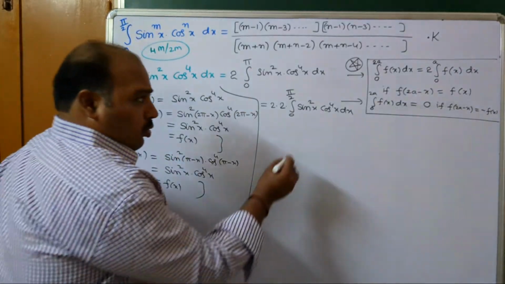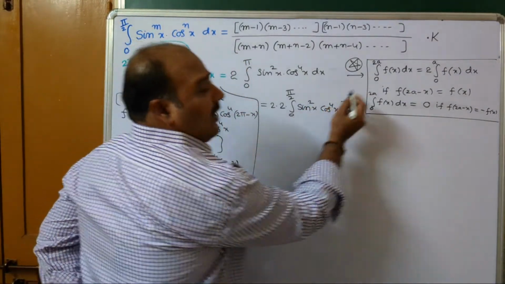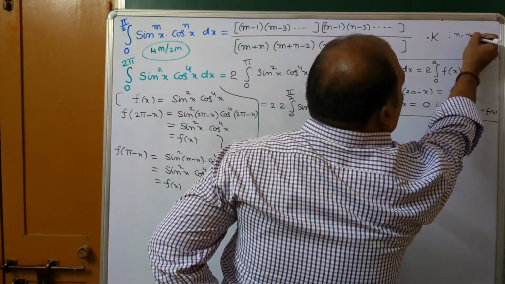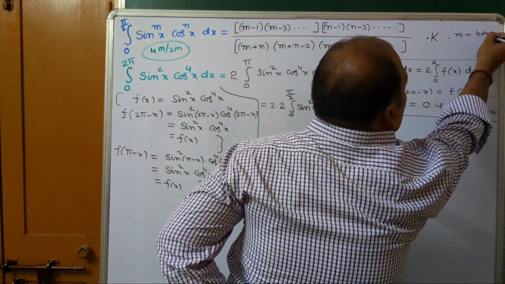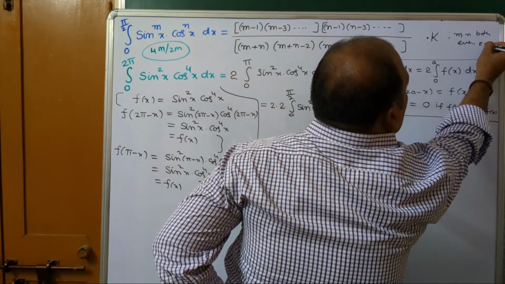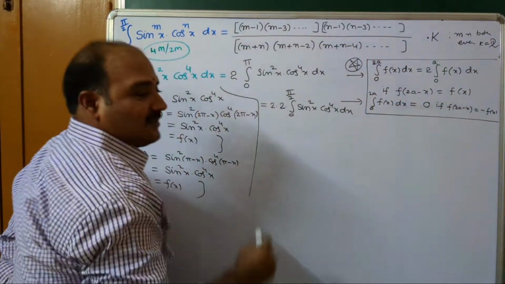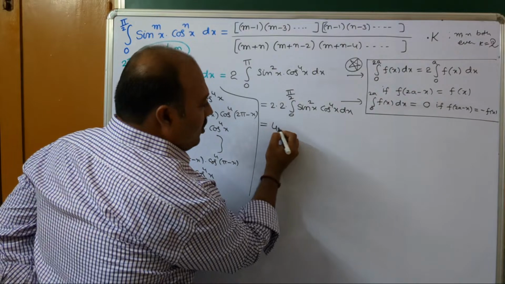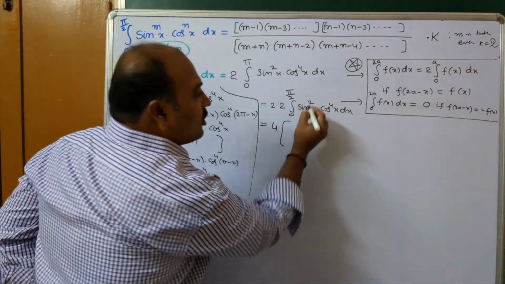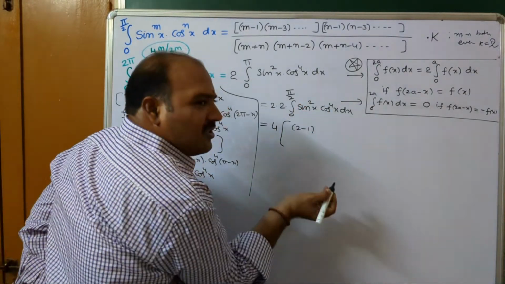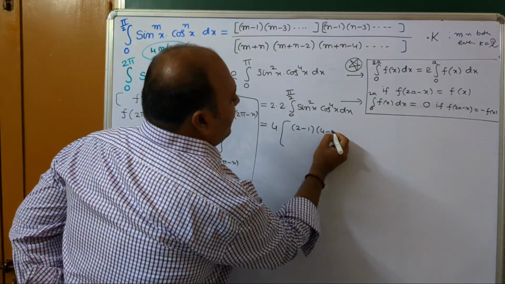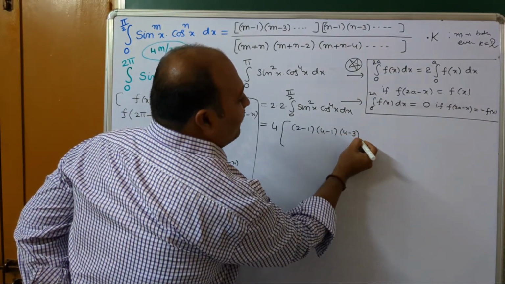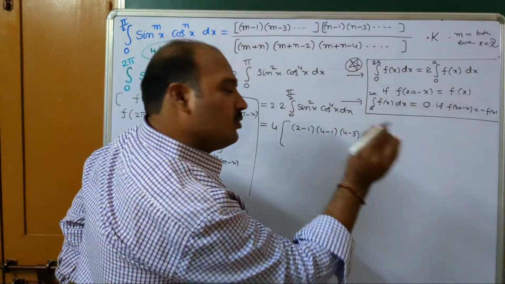After that, what we have to do? If m and n are both even, the k value should be pi by 2. We already discussed it. So now 2 into 2 is 4. Now I am writing the formula: 2 minus 1, we can stop there. Next 4 minus 1, 4 minus 3, but we cannot write 4 minus 5, stop there.